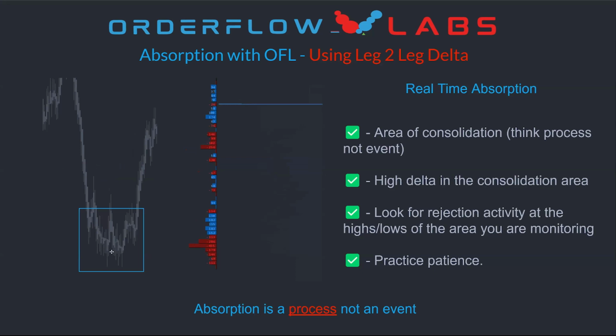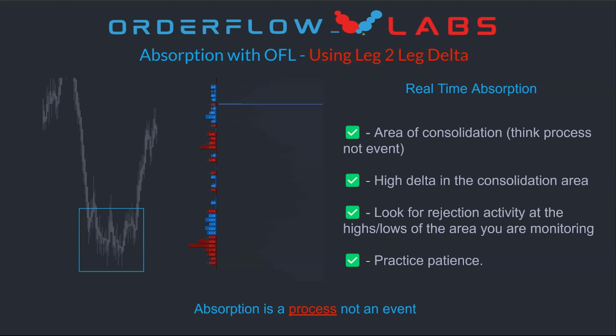And so we're looking for a counter move of this down move, back into what targets you might have, or if you're a volume profile guy, you may target the high volume node on your profile as your final take profit. Basically, this helps you identify when that absorption is happening in real time.